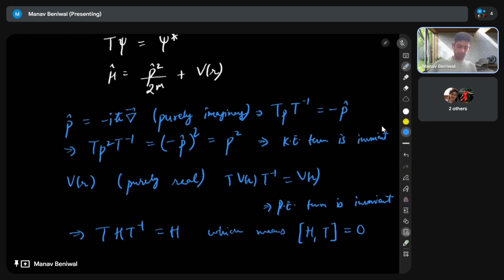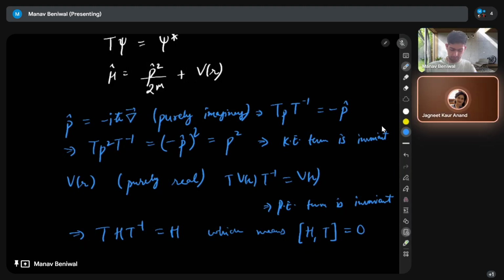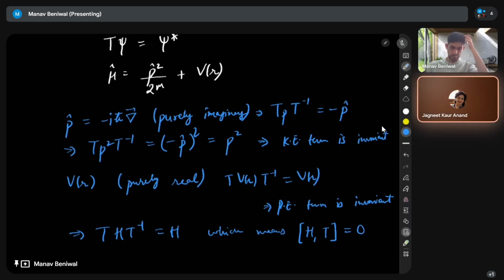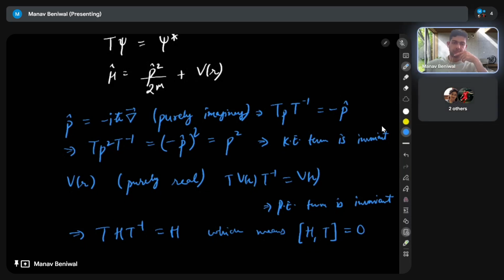Any doubts in this one? Can you explain T P T inverse is equal to minus P? Yeah, a little bit elaborate. Before that, did you understand what we are doing?